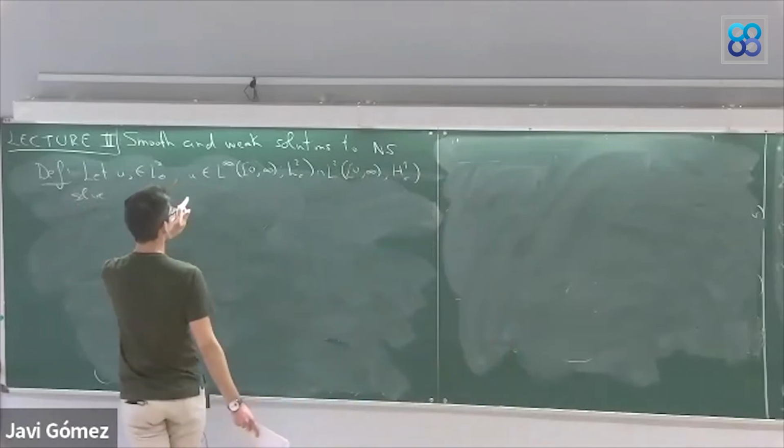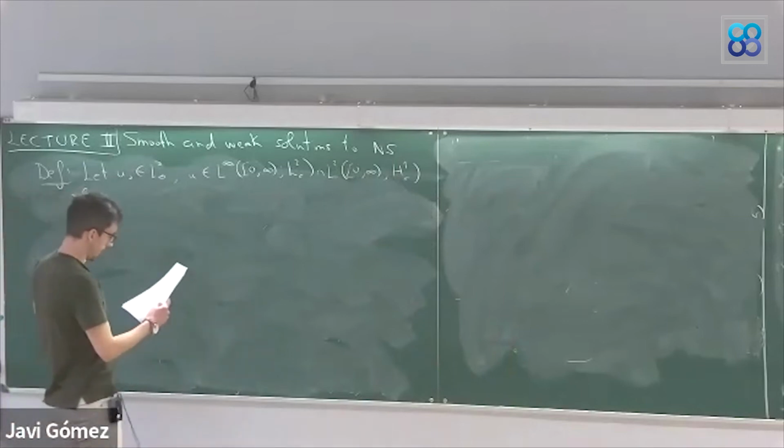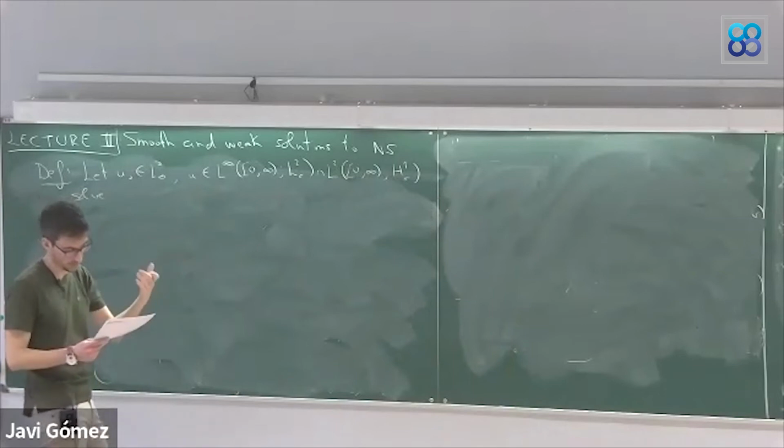So we impose that u solves Navier-Stokes in weak form. So multiply Navier-Stokes by a test function and then integrate by parts.